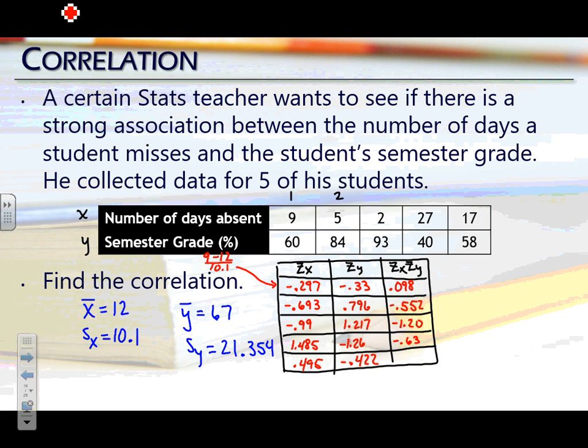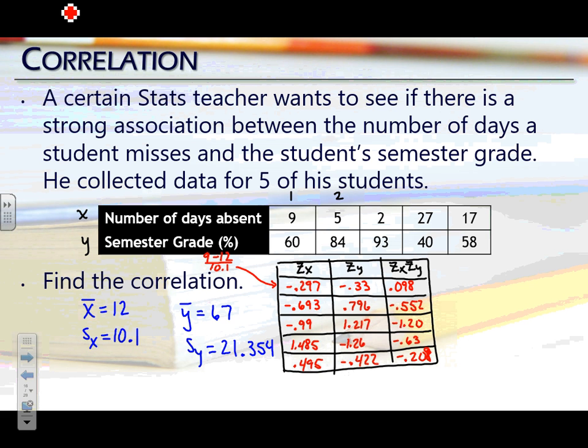Okay, and then somebody do the last row for me. Negative 0.209.